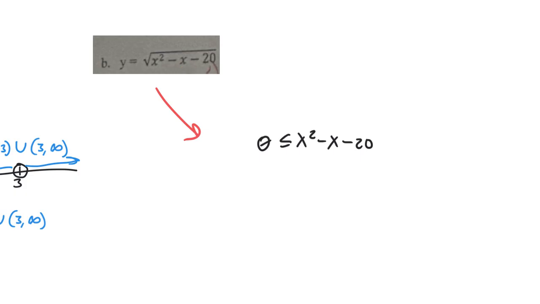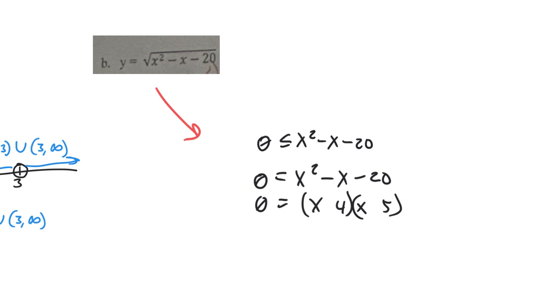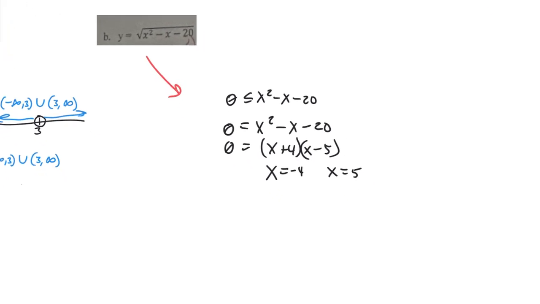What you then do, what I would advise, is temporarily treat it like it's an equation. It's not an equation, it's an inequality, but treat it like an equation. And thusly, you would factor it for my student watching. Yes, 4, 5, it would be x plus 4 equals 0, x minus 5 equals 0, so x equals negative 4 and x equals 5. Now, what we found there are the critical values.